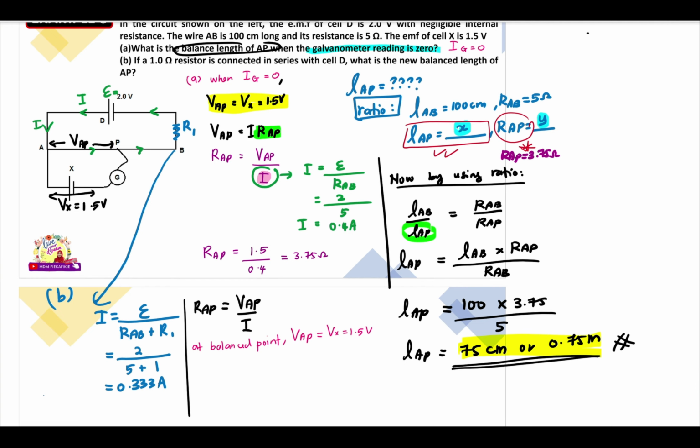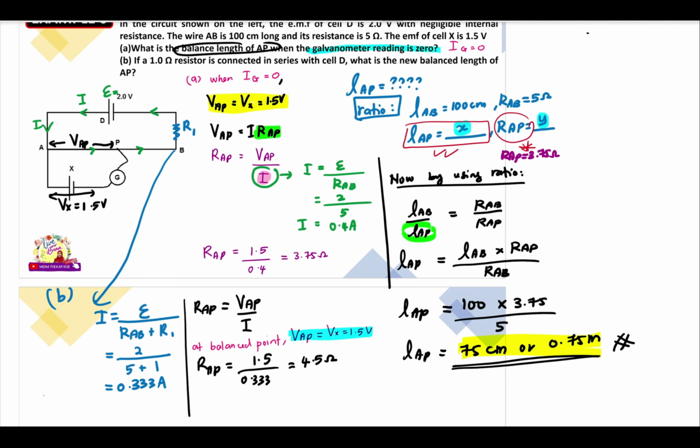Okay, ini kena faham betul-betul. So, bolehlah you cari RAP. So, VAP 1.5 over 0.333. So, RAP awak nanti you akan dapat 4.5 ohm.